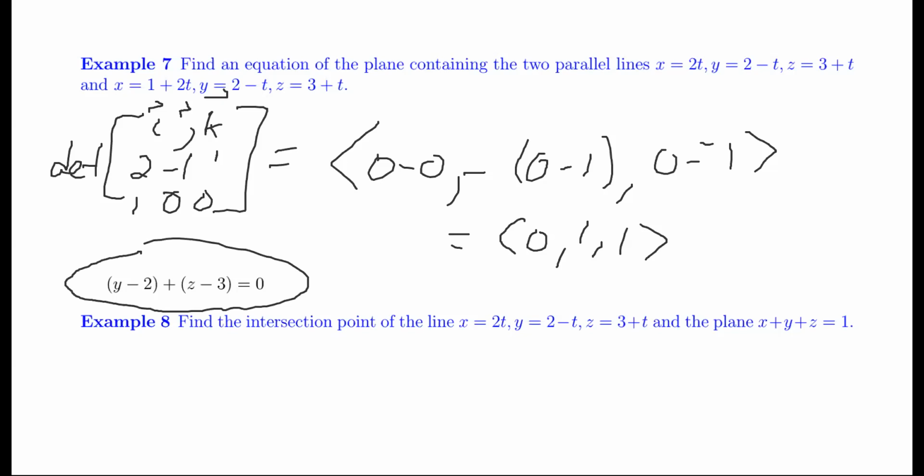Well, a is 0, so we don't get an x minus x naught term, plus b, which is 1, times y minus 2, just for our point 0, comma 2, comma 3 that was in the plane. All right. So that ends that example.